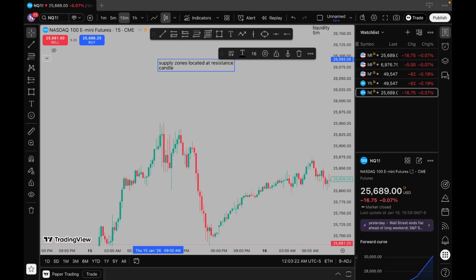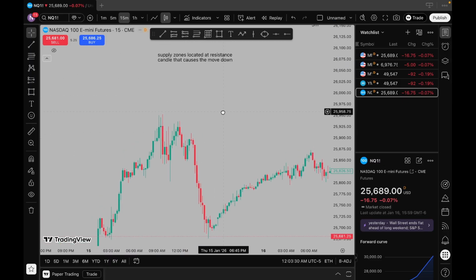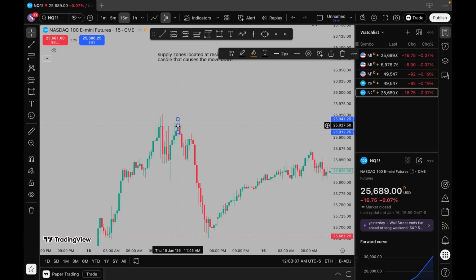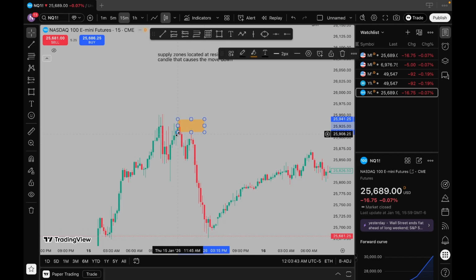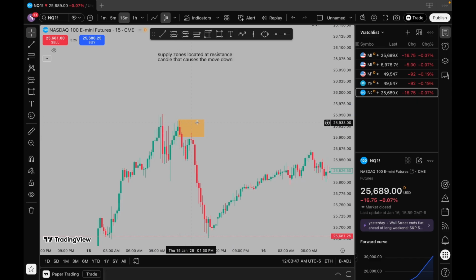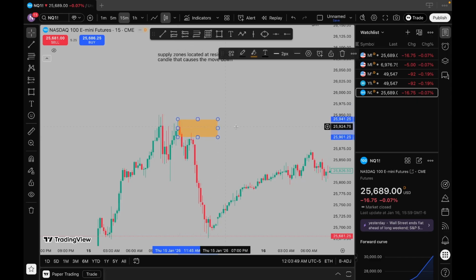So the candle that causes the move down. When we're looking at the chart right here, you see this move down right here? This would be the candle that caused the move down. So that would be your supply zone. You would mark off the whole candle, make a box, and move it to the right.